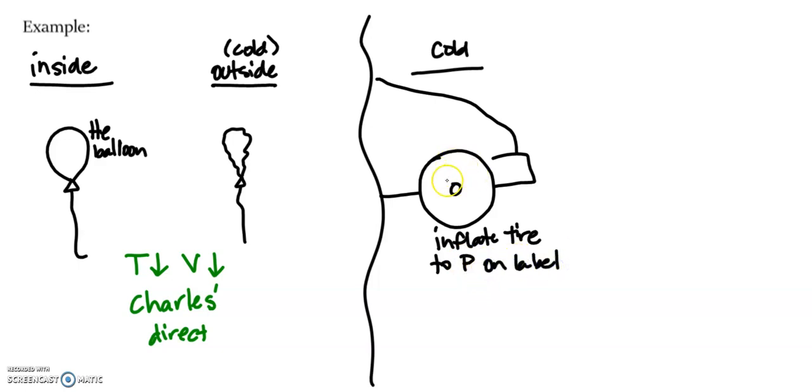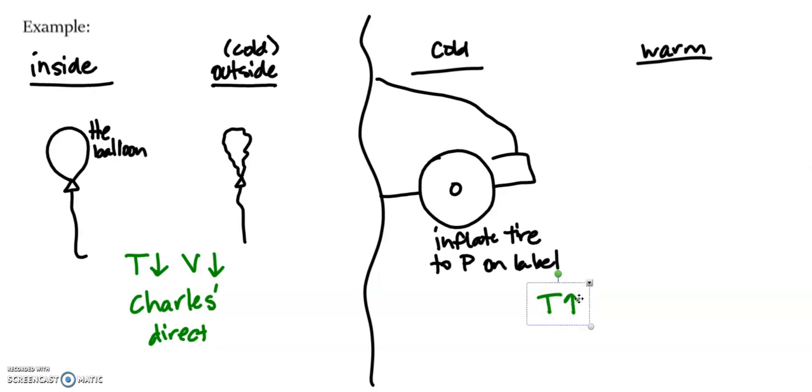On your tire, you'll notice it tells you what pressure to fill it to. You fill it up to what it's supposed to, its max. You're like, awesome. You drive off. Then it warms up.